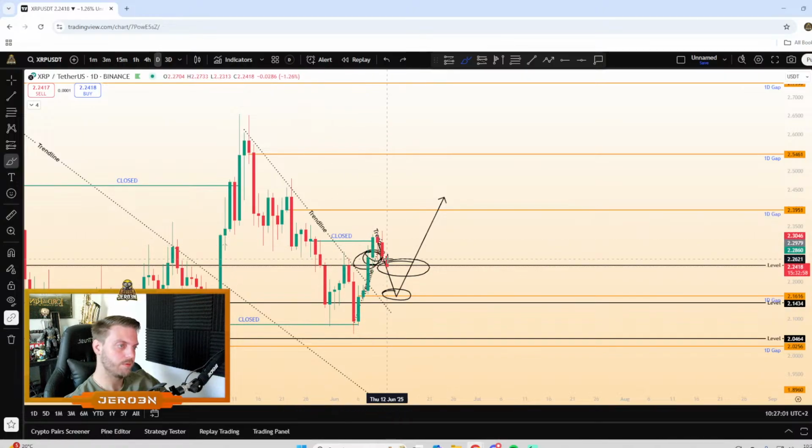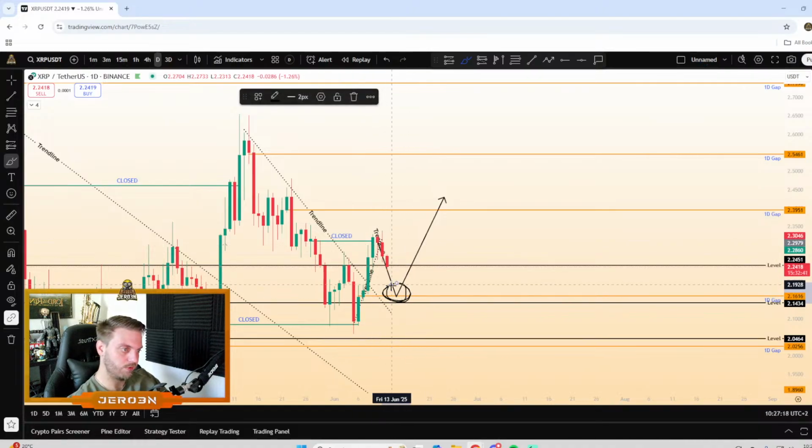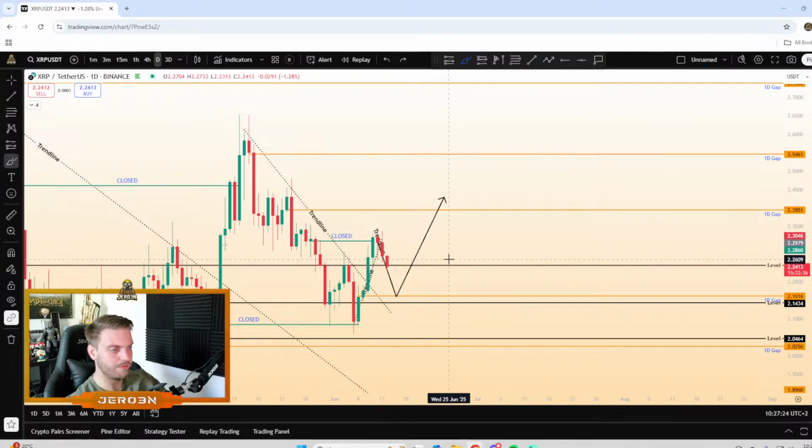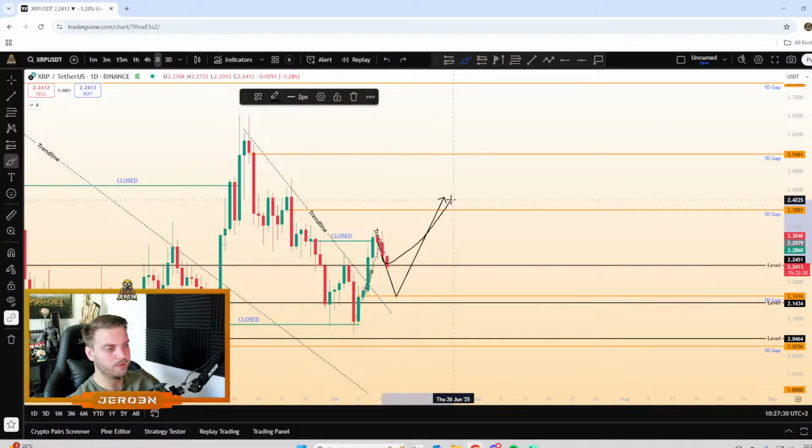We closed this gap. So right now we need to see a retest happening before we can continue going up again. So a retest is being done from the last 3 days so far. We need that retest on this gap for continuation up. However, being on a level now as well, this could also be valid, because if you look at it this way, we have this double bottom where it created this neckline where we are at right now.